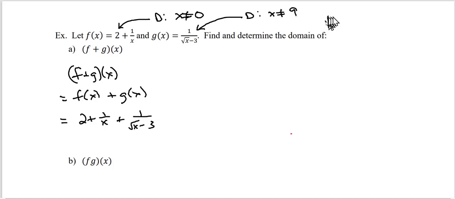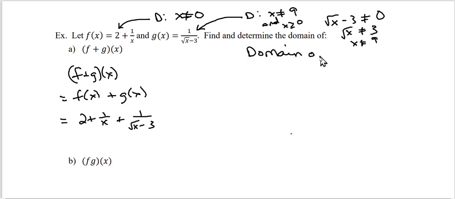And the reason for that is the square root of x minus 3 cannot equal 0. So that means the square root of x cannot equal 3. So square both sides of that and x can't equal 9. But we also have this issue that x has to be greater than or equal to 0 because of that root.